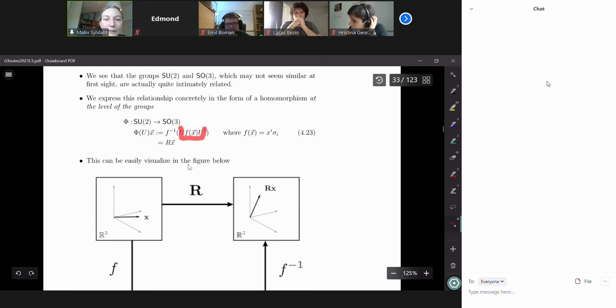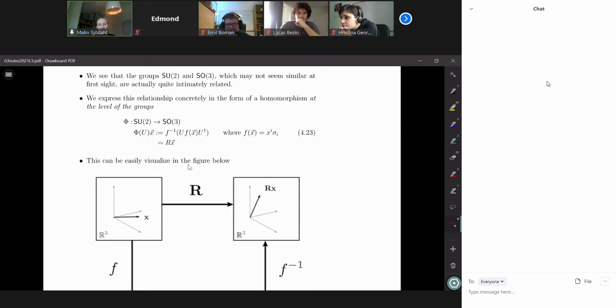Then you rotate in this Hermitian 2 times 2 space. So this is what's done here, as we rotate in this space. And then we transform back. So this is what's done by f inverse. So this f is 1 to 1 and the f inverse is 1 to 1, but here something will happen. And this then on x defines rotation on x, as we have seen.